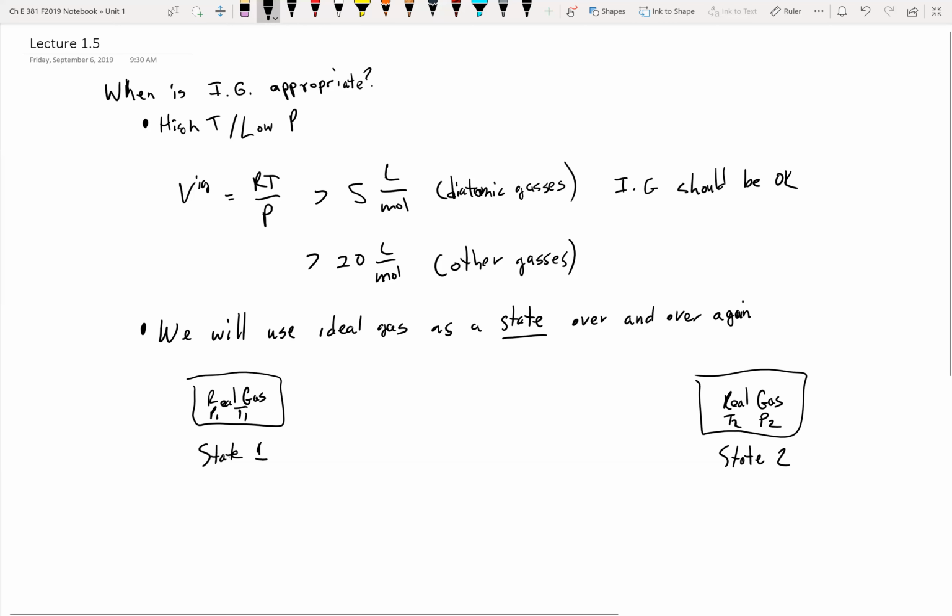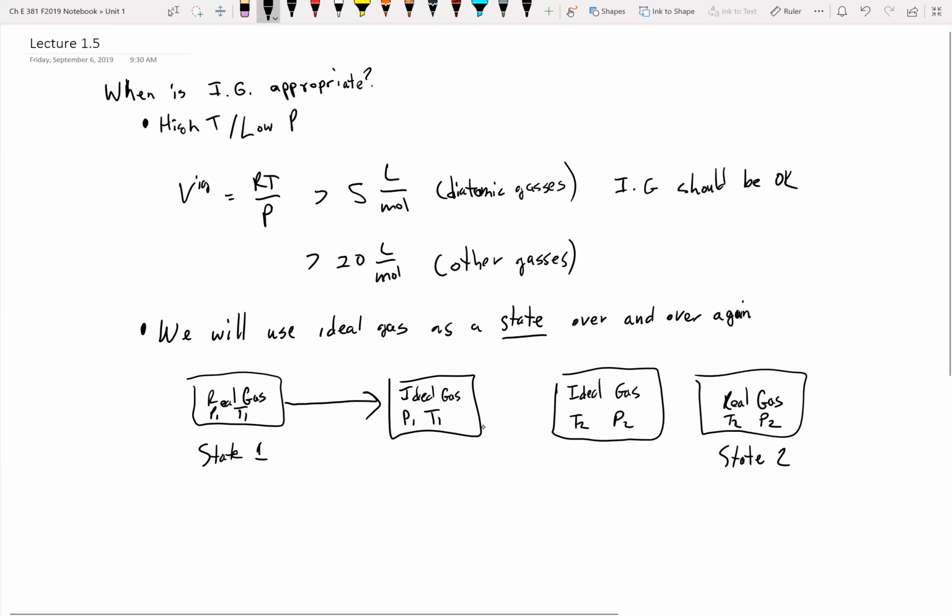And we want to calculate work, heat, entropy change, enthalpy change, all that good stuff as we go from state 1 to state 2. The easiest way to do that is to imagine some intermediate states that have the same temperatures and pressures as the real states, but instead of real gases, they're ideal gases.